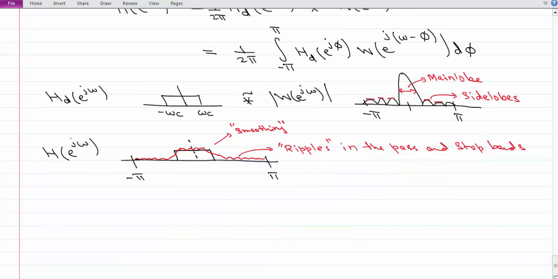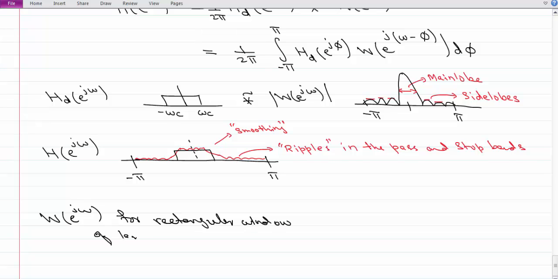Now let's look at the case of the rectangular window more carefully. So focus on the rectangular window. The Fourier transform we saw, W(e^{jω}) for a rectangular window of length N = 2M+1, if you look at that, that is sin(Nω/2) over sin(ω/2).